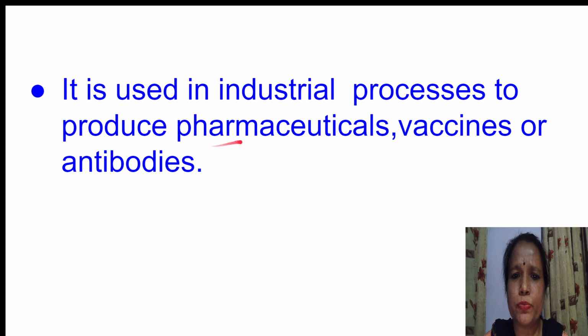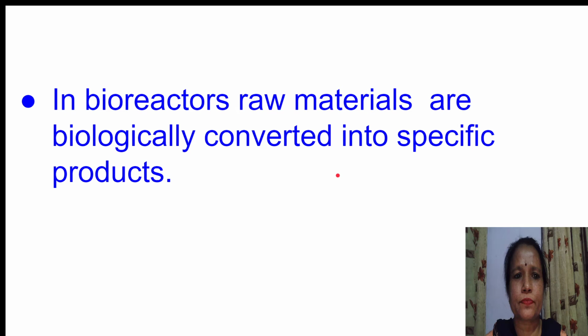We can also obtain pharmaceuticals. Vaccines or antibodies can be produced by the bioreactors. In bioreactors, the raw materials we have added are biologically converted with the help of microorganisms into specific products.